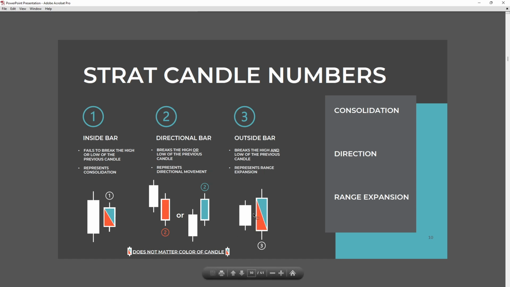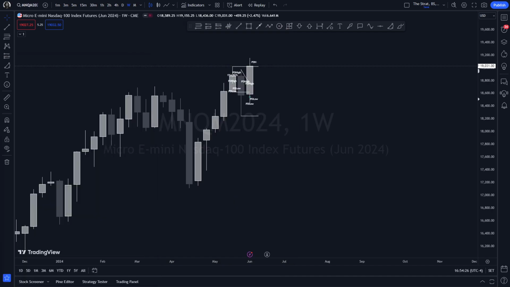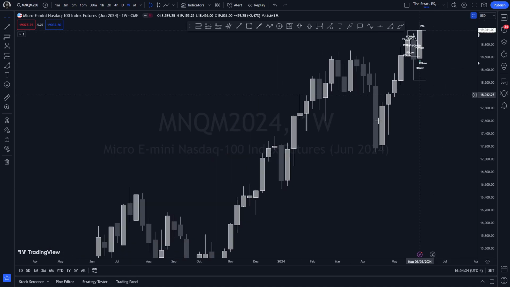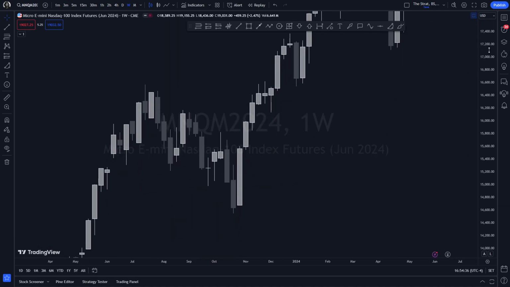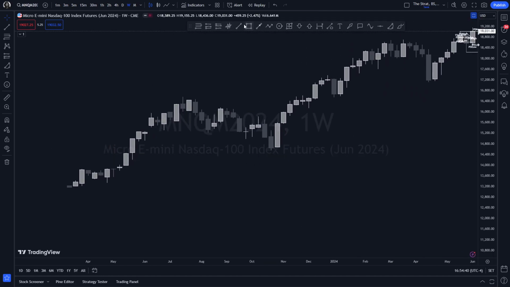So the threes are the range expansion candles, the engulfings, and that's pretty much the gist of it. I'm not going to go too much more in depth, but I'll show you more examples of what that looks like. Right now, this is the weekly. You can see, based on what I said earlier about what a trend is, we have a low.